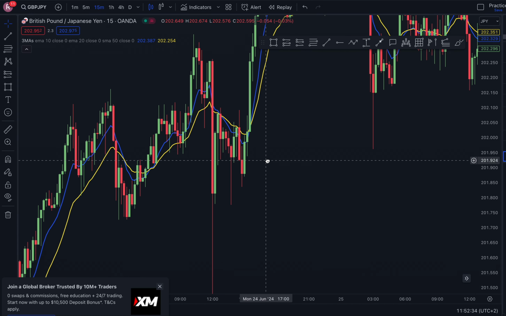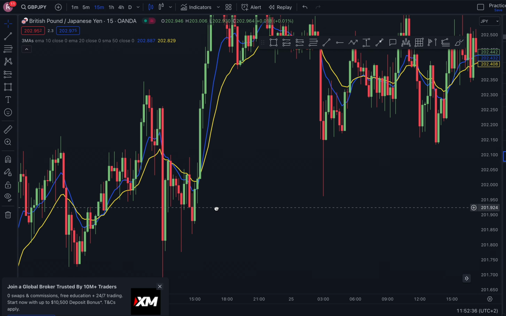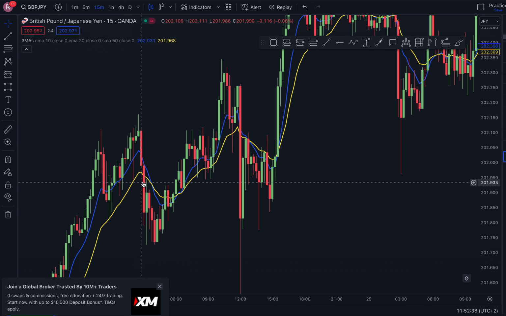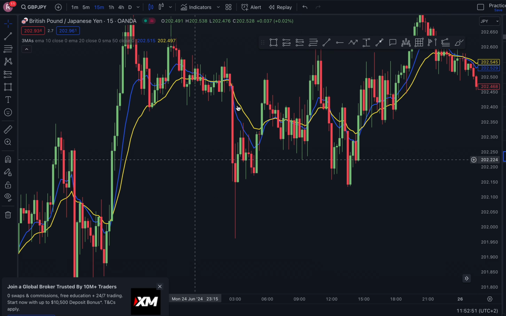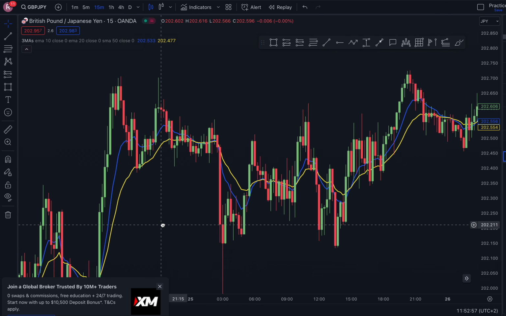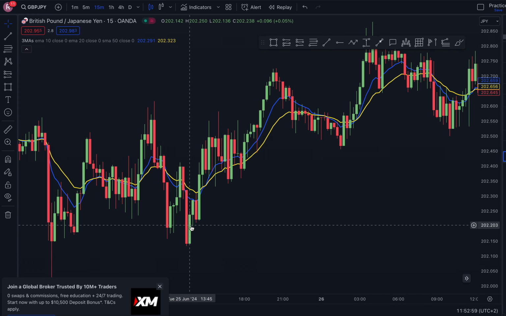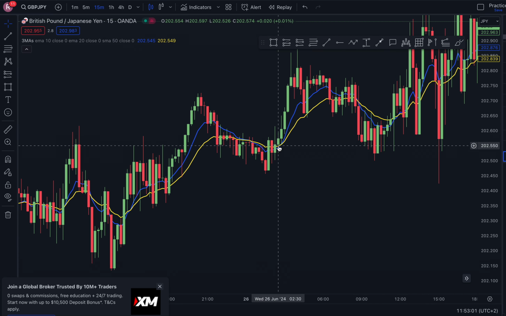As you can see right now, this blue EMA is above price here. That means you should be looking for sells, and as you can see, this yellow EMA is above price at the moment. That means there was a crossover. So essentially you're looking for a crossover between these two EMAs.